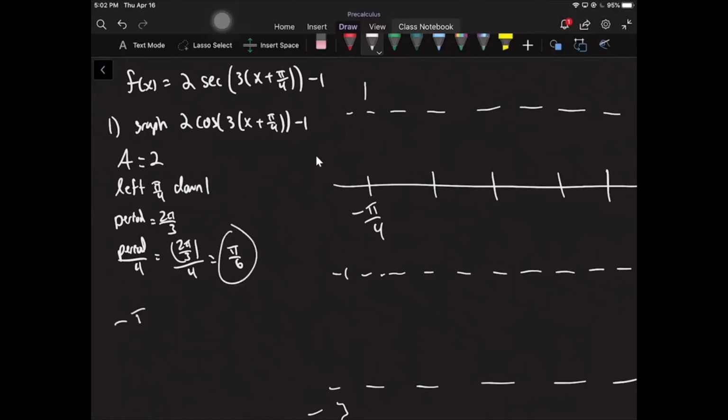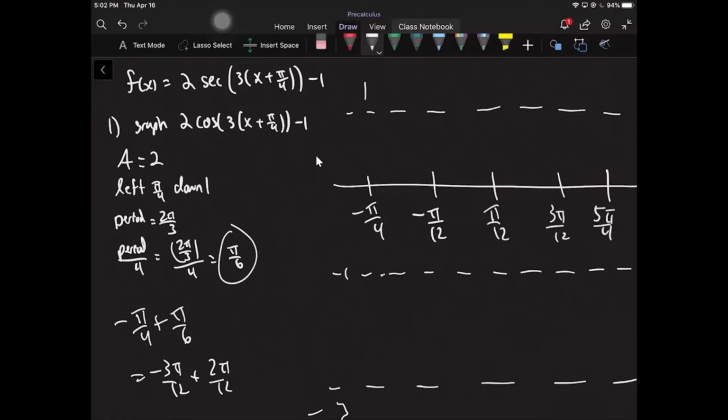So negative pi over 4 plus pi over 6, what is that? Negative 3 pi over 12 plus 2 pi over 12 gets me to negative pi over 12. Then I keep adding 2 pi over 12 to get these ones. And then I just draw cosine. So cosine goes from the top down to the bottom through the middle, and then back up to the top again through the middle. So we're experts at this by now.